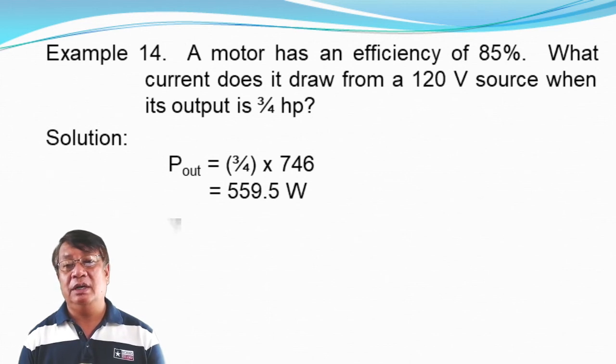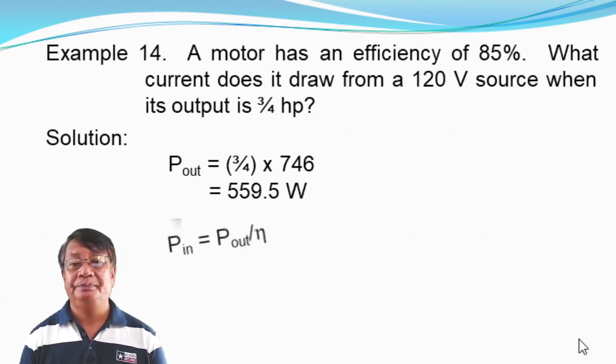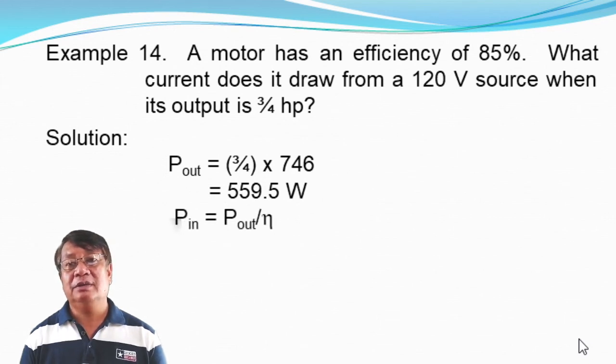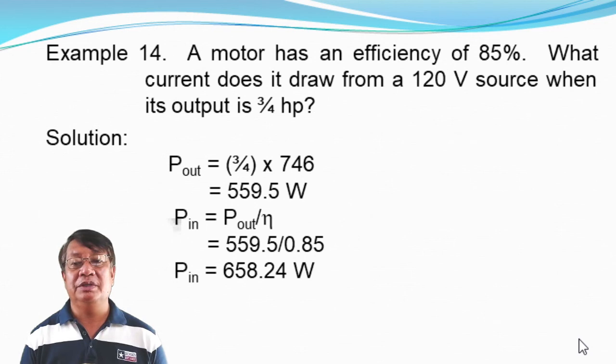So 3/4 horsepower times 746 is 559.5 watts. Then for the power input, according to our efficiency formula, power input is equal to power output divided by the efficiency. So 559.5 divided by 85%, or 0.85, so that is more or less a power input equal to 658.24 watts.